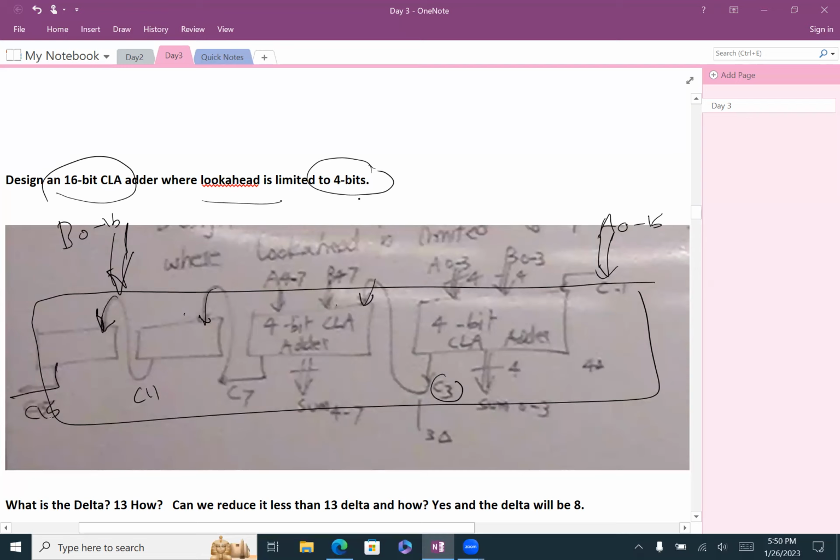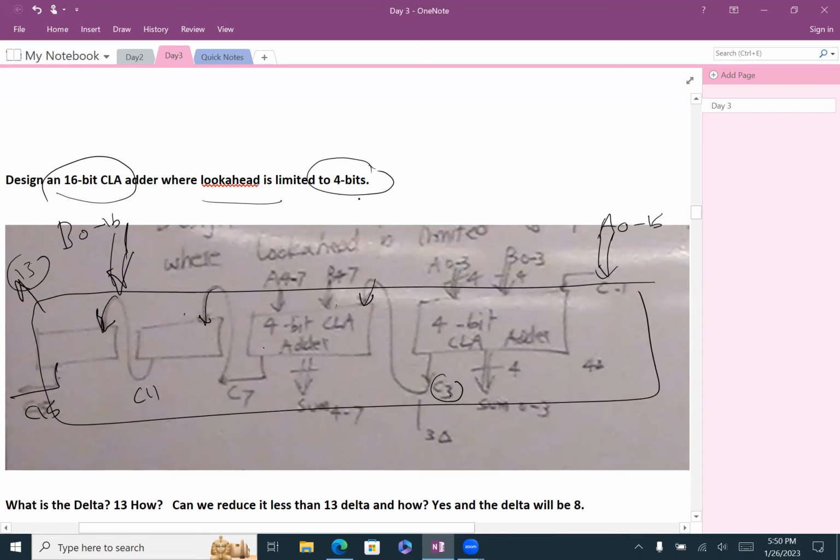What is the total delay here? 3. It's going to take another 3, 6, then another 3, 9, and another 3, 12. 12, and then the final will be 13 to find the whole result with the sum, correct?